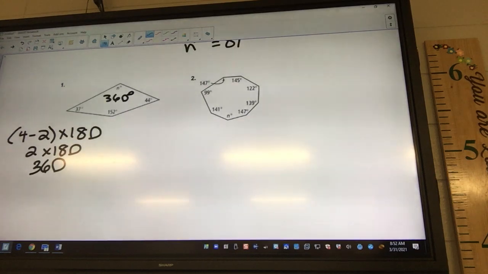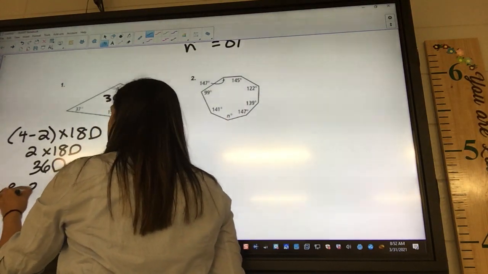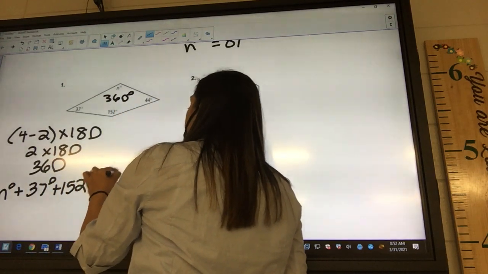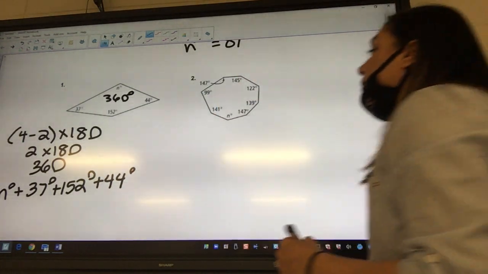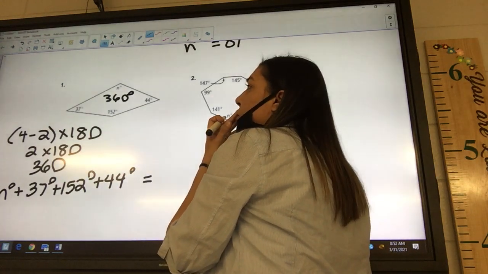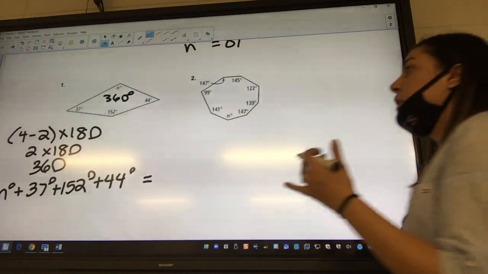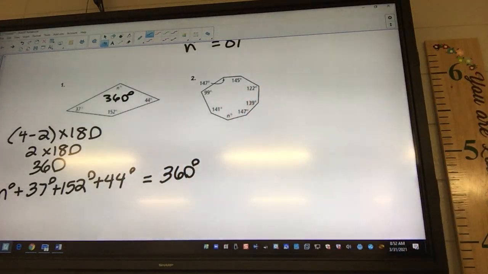So now I have n degrees, 44 degrees, 37 degrees, and 152. We know the whole total. So you could say n degrees plus 37 degrees plus 152 degrees plus 44 degrees. It has 4 sides, it has 4 interior angles, and they sum up to 360.